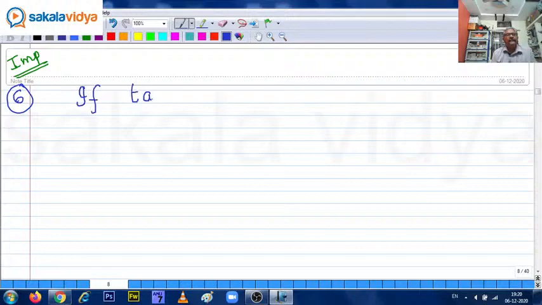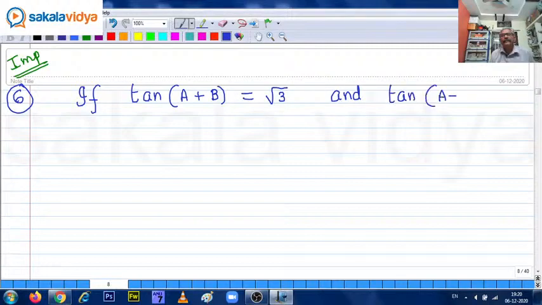If tan of a plus b equals root 3 and tan of a minus b equals 1 upon root 3, with 0 degrees less than a plus b, a plus b less than or equal to 90 degrees, and a is greater than b, find a and b.